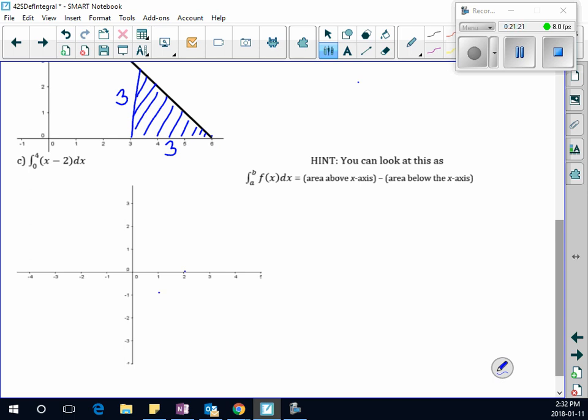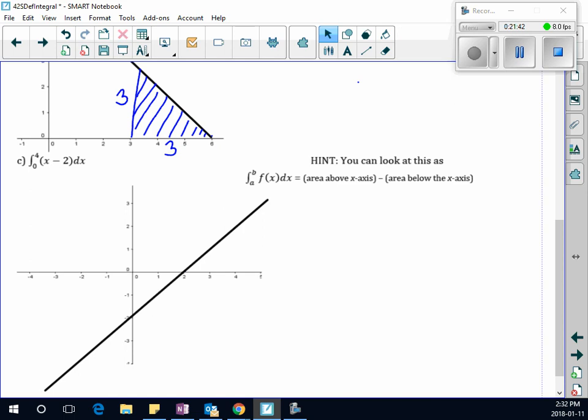So I'm going to just use my line again, because I don't think the way I have this scale works. I would have been better off taking a ruler. Something like that. There we go. That's a little bit better. Okay, so there's my line.